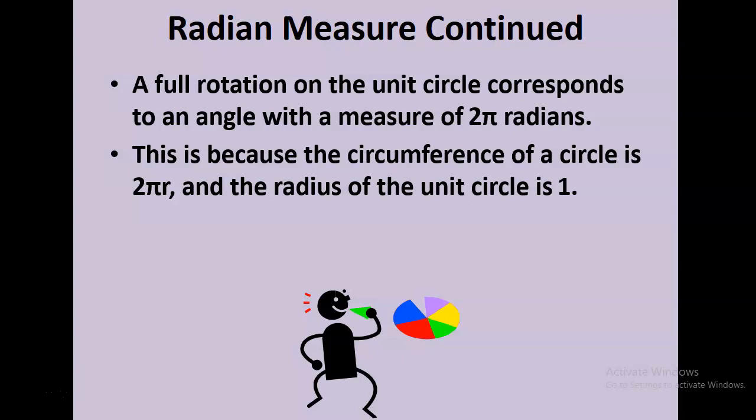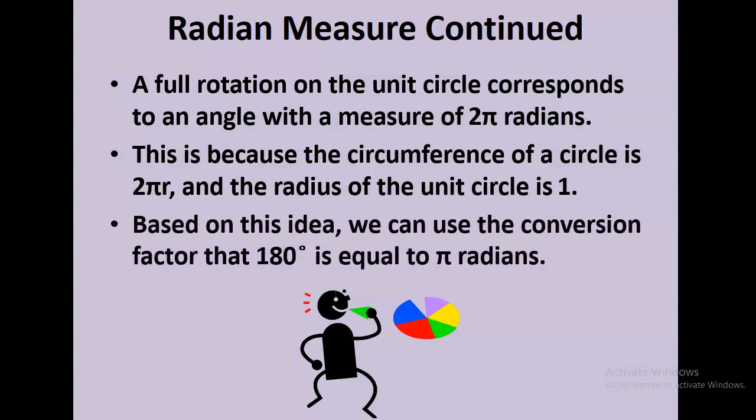And if our radius is 1, our circumference is 2 pi. So based on that idea, that would mean 360 degrees is 2 pi, and we would simplify that down to be pi radians is the equivalent of 180 degrees. So we can always convert between degrees and radians by using this one conversion factor, that 180 degrees is equal to pi radians.